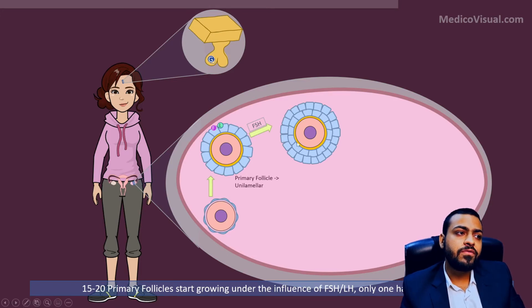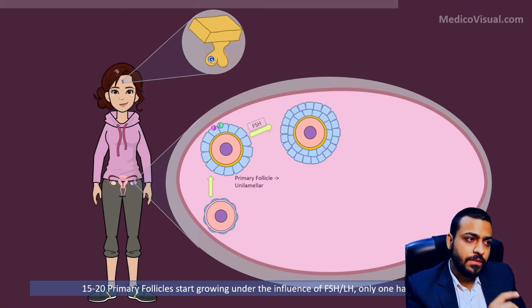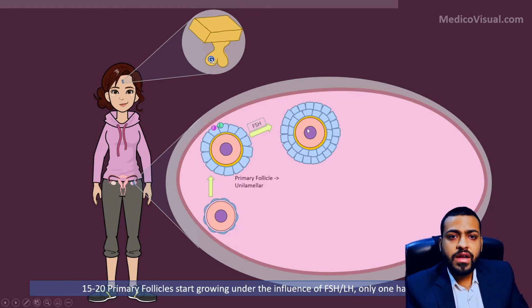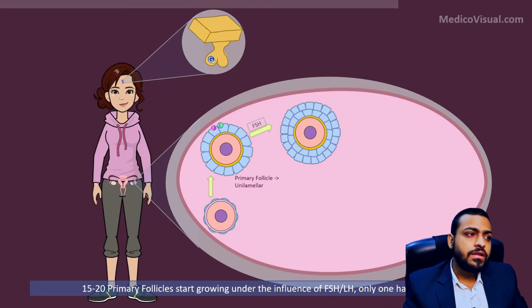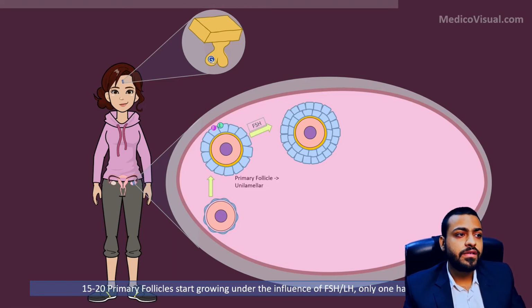New layers of follicular cells are formed, and not just that, it is not depicted in this diagram, but the size of the primary oocyte also increases, right? These two things are going on side by side. The primary oocyte is also growing, as well as these follicular cells, they are also growing and proliferating, right?